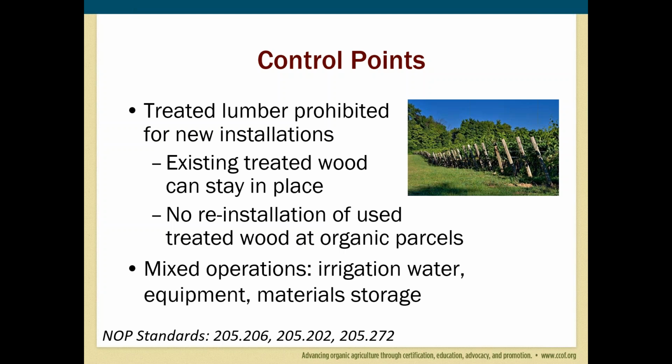So those areas are the irrigation water, especially if the system is shared between organic and non-organic fields, the equipment used for material applications and for seeding and for harvest, and then finally the storage of input materials and how those are separated and labeled to reduce the risk that a non-organic material would be applied to the organic field.